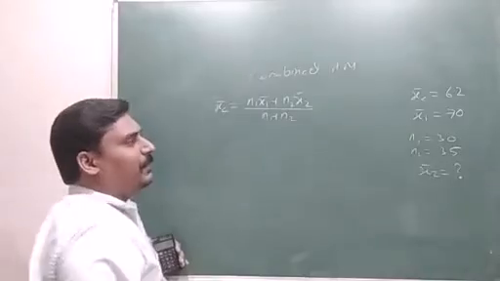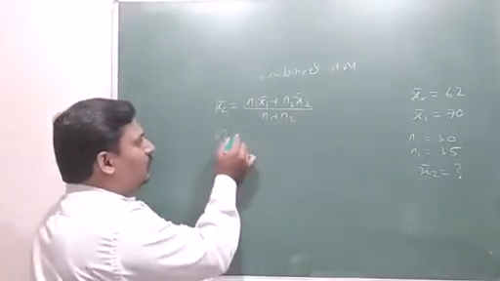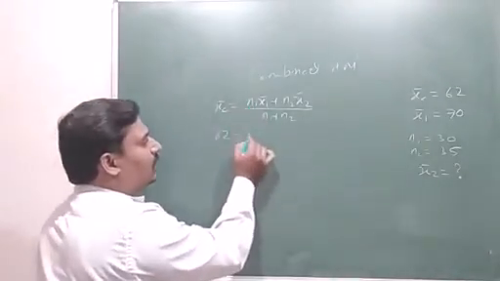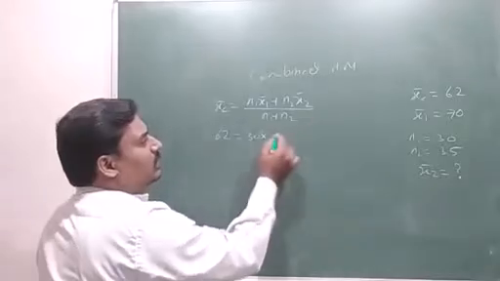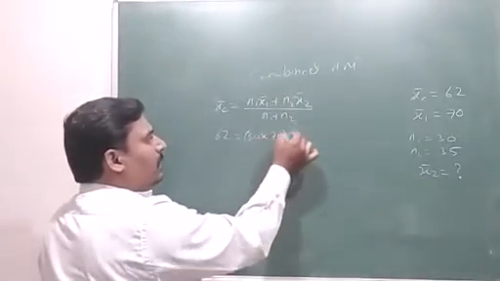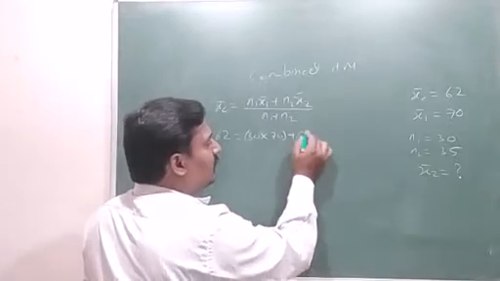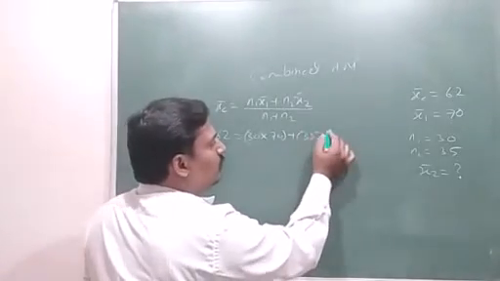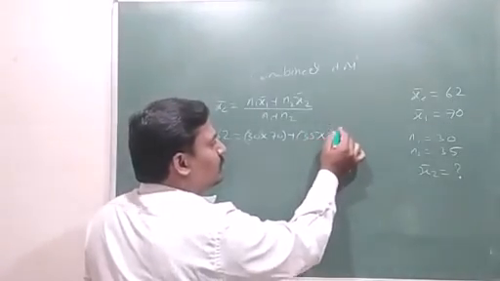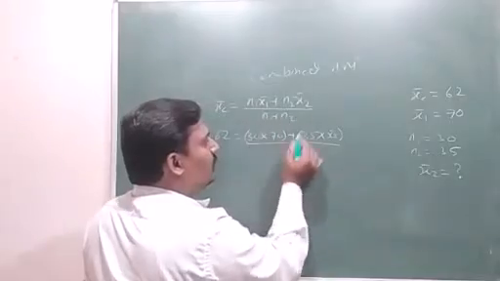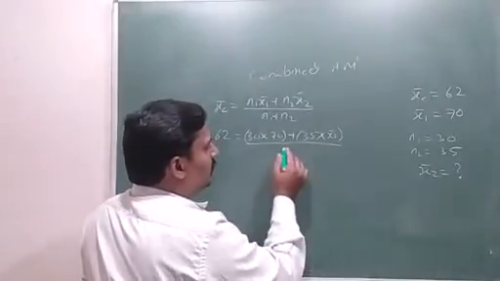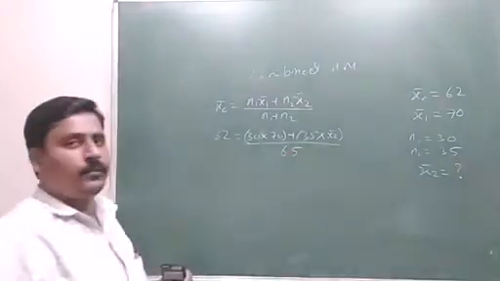So combined arithmetic mean x bar c is 62, is equal to n1, which is 30, into x bar 1, which is 70, plus n2. So n2 we know, 35, into x bar 2, which we don't know, so just write x bar 2, divided by n1 plus n2, that is 30 plus 35 is 65.